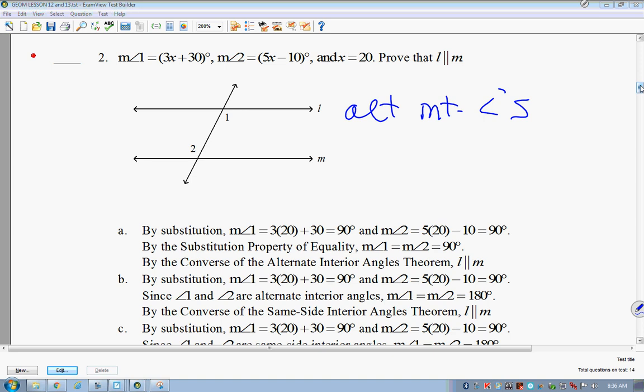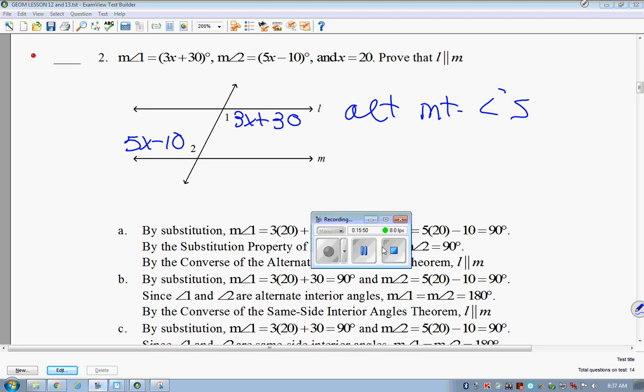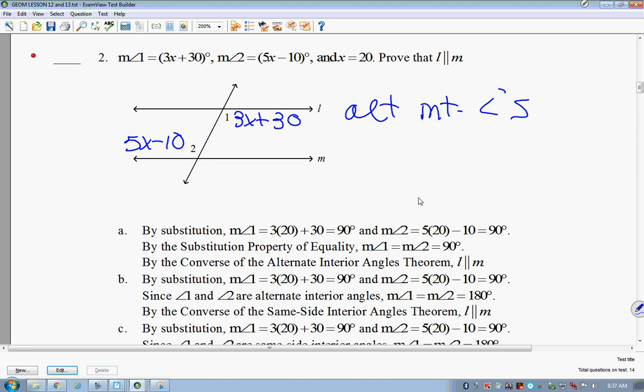Yes. So for them to be congruent, if measure angle 1 is 3x plus 30, and this is 5x minus 10, all right, so we got 5x minus 10, we've got 3x plus 30. What do I need to do with those two angles?